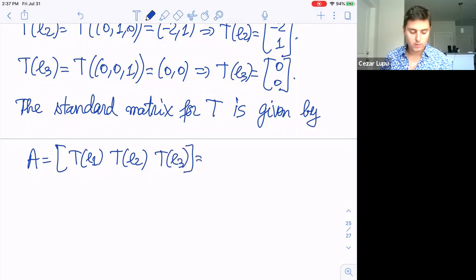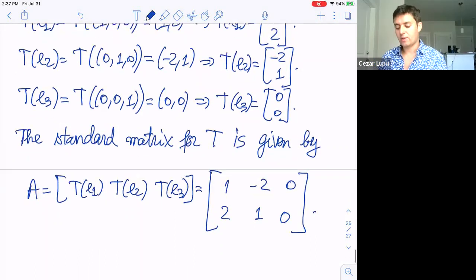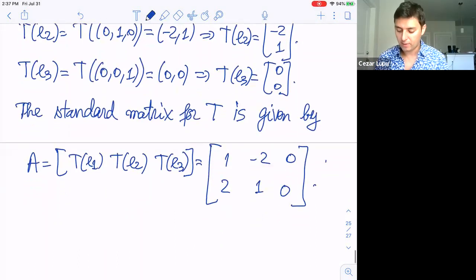In our case, let's put the columns here. The first one will be 1, 2, then -2, 1, and then 0, 0. And this is a 2 by 3 matrix.